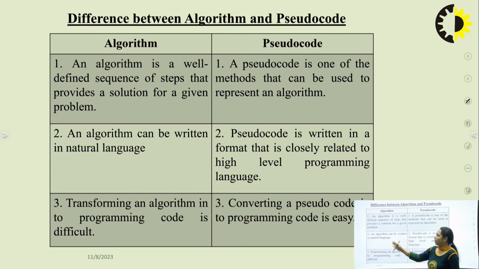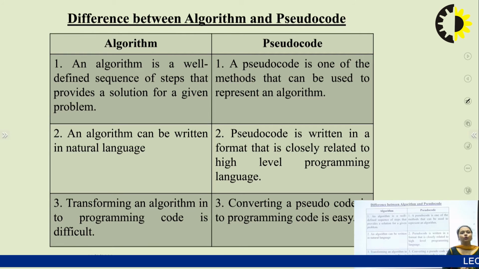Next, an algorithm can be written in natural language. As I told you earlier, there is no proper rule or syntax for writing an algorithm. So an algorithm can be written in user language. Whatever language the user understands, it can be written in that language.